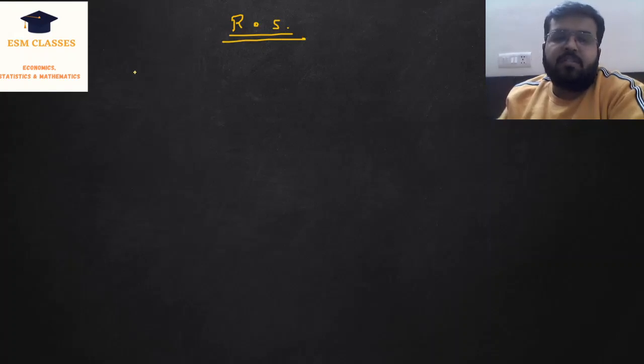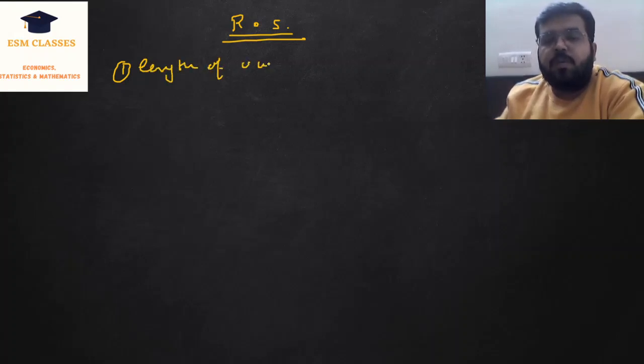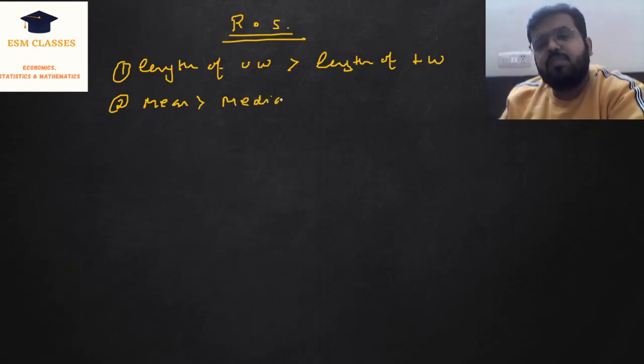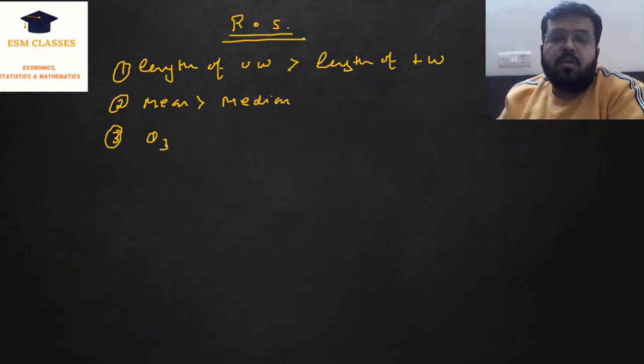In the case of right skewed distribution, we can see that the length of the upper whisker is greater than the length of the lower whisker. We can see that mean is greater than median. We can also see that Q3 minus Q2 is more than Q2 minus Q1.